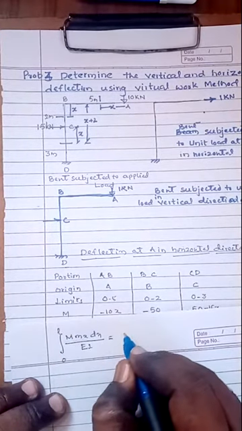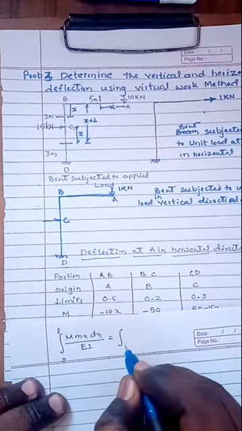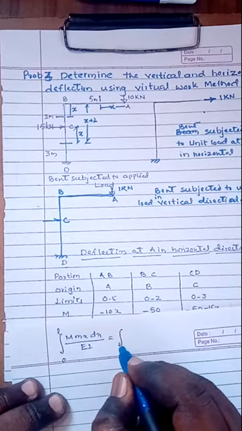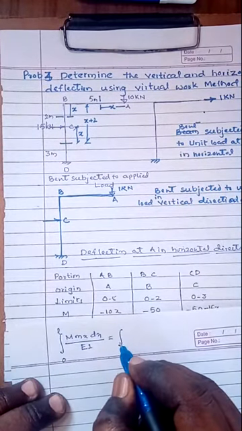For the first portion, the limits are 0 to 5.